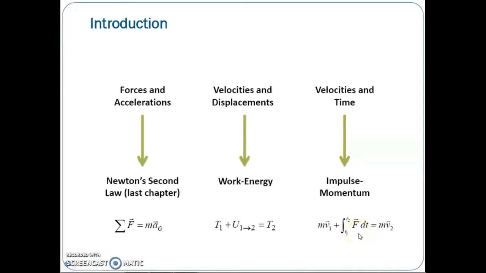Through these relationships, we can determine, like the example that we have discussed earlier, the car crash, and the velocities of the vehicles when they have the crash or impulse at that short period of time. We will revisit these impulse and momentum methods or principles in our next topics, and today we will focus more on the work and energy methods.